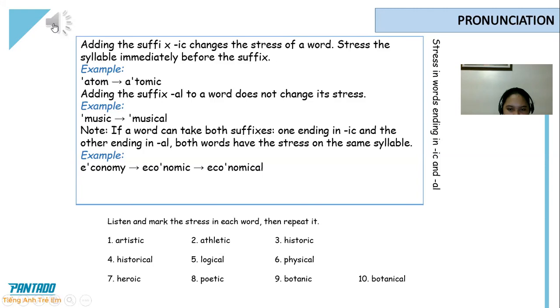Historical. 5. Logical. 6. Physical. 7. Heroic. 8. Poetic. 9. Botanic. 10. Botanical.